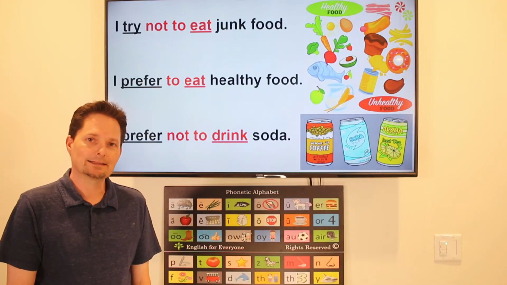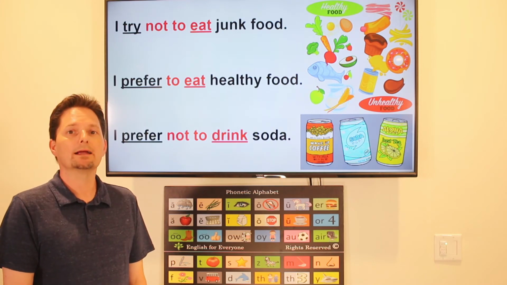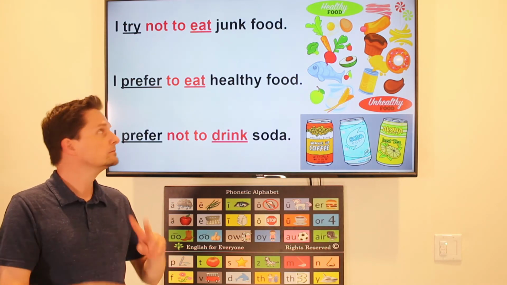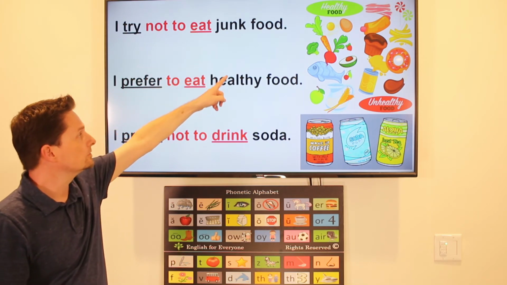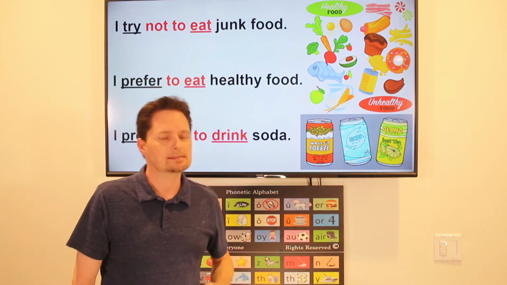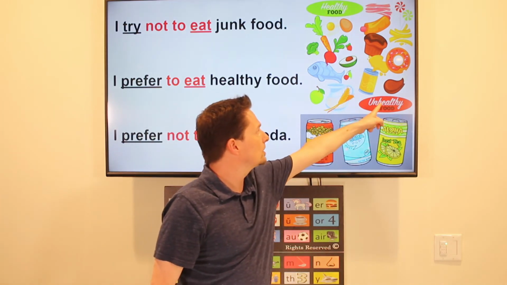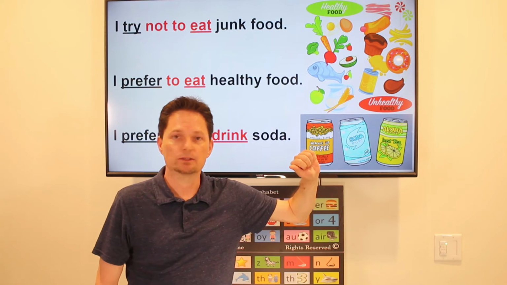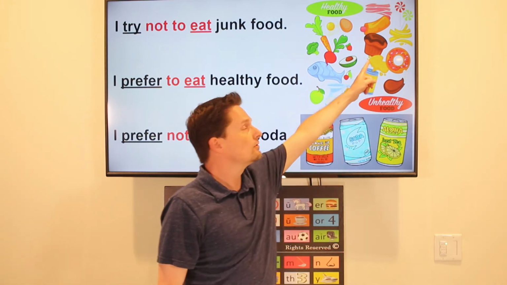Now we look at the negative. If we want to make a negative idea with to, we say not to. I try not to eat junk food. It's not easy, but I try not to eat junk food. I try not to eat donuts. I try not to eat French fries.